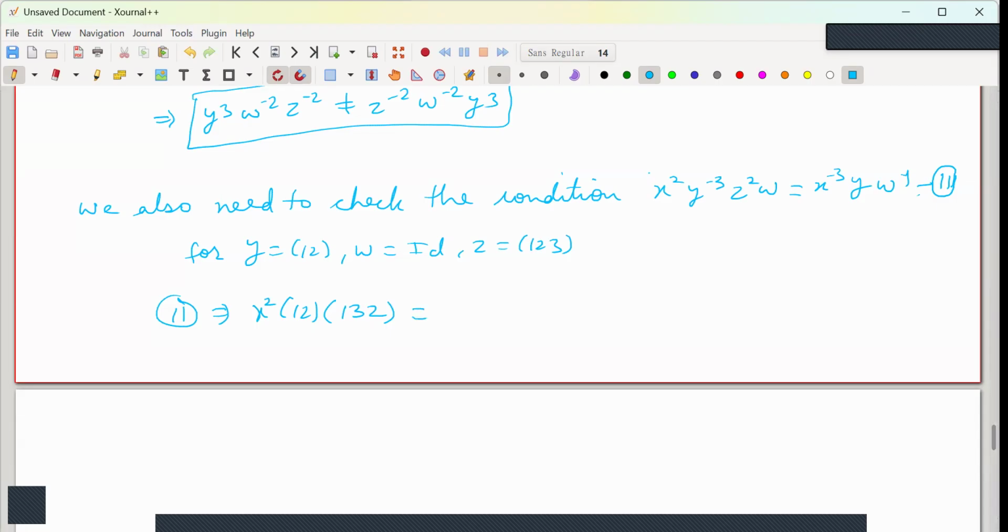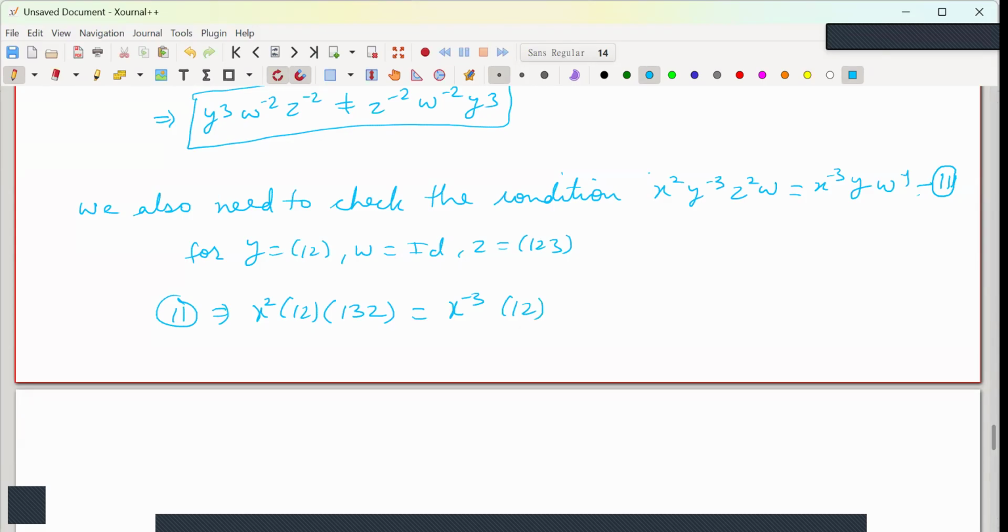X minus cube is as it is. Y is 1 2, and w inverse is identity.